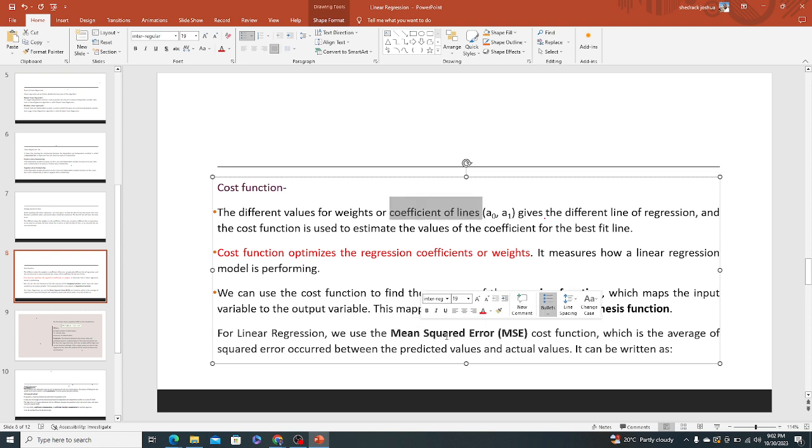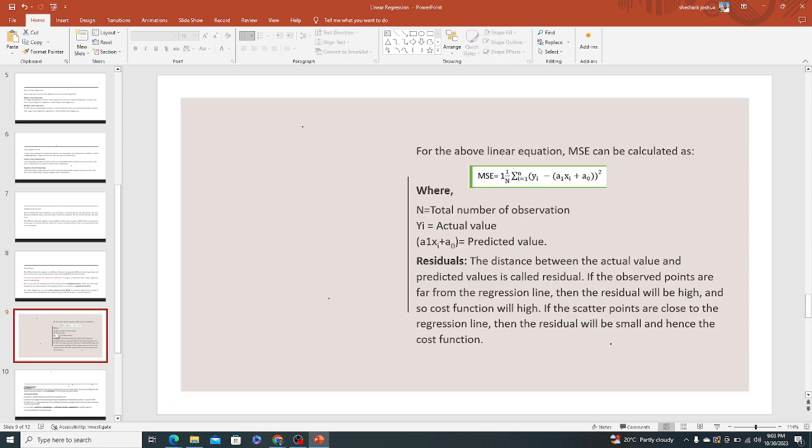Mean squared error, MSE, is one of the most used cost functions, which is the average of the squared error occurred between the predicted values and the actual values. It can be written as, now, this is how we write the cost function.